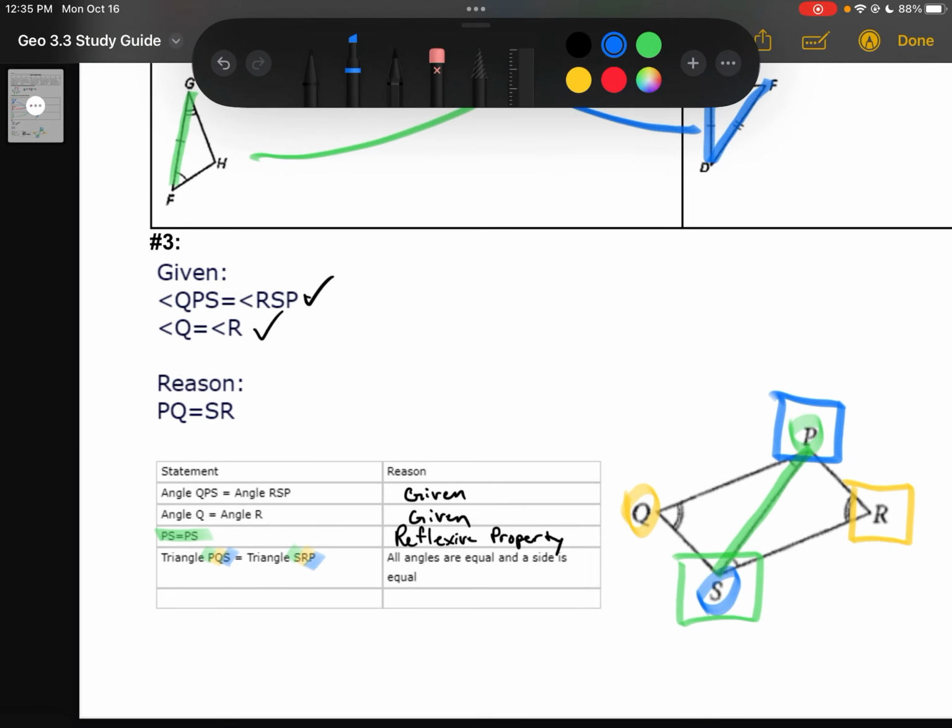So we can now write out our final triangle congruent statement. So we know that triangle, we'll start with Q and R because those are the most straightforward ones.